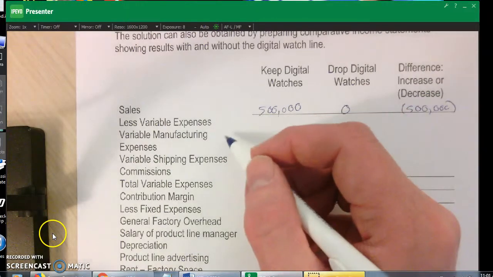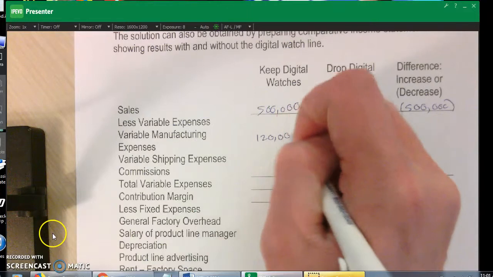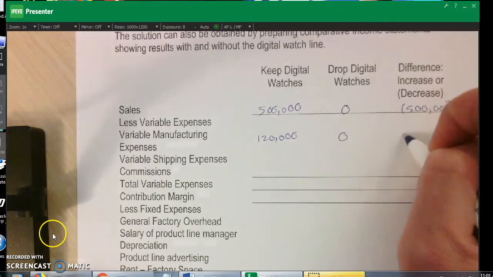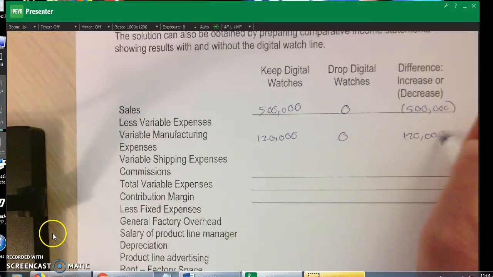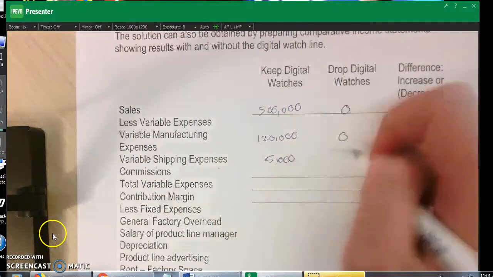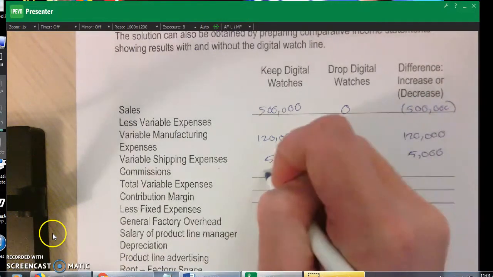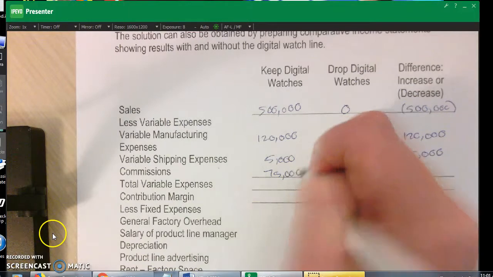We have our variable manufacturing expenses. The prior page is given to us at 120. Zero if we drop the line, 120. We have our variable shipping, which was $5,000. Zero over here, which is our $5,000 difference, and then $75,000 in commissions.